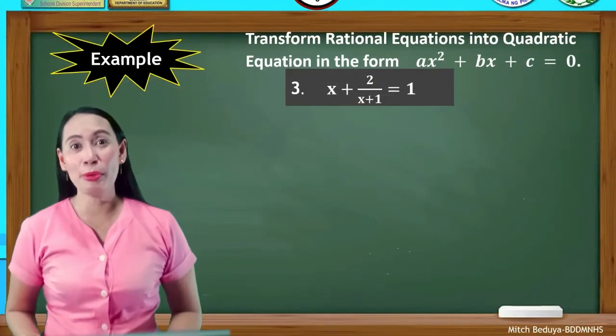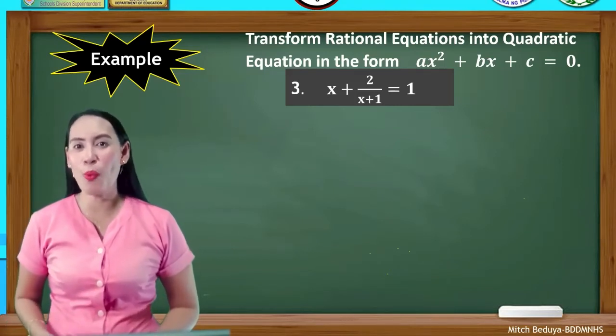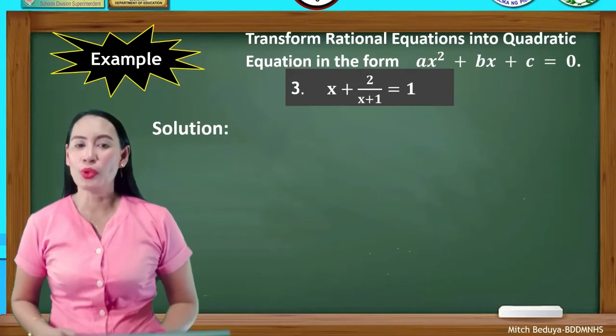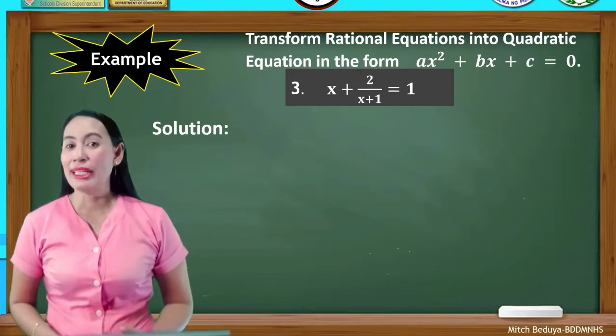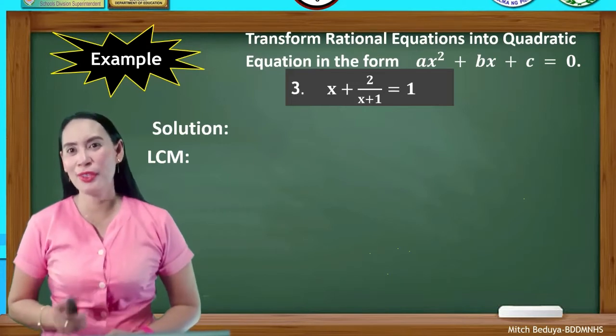Next, example number 3. (X plus 2) over (x plus 1) equals 1. So, what is the LCM? The LCM is x plus 1. Very good.